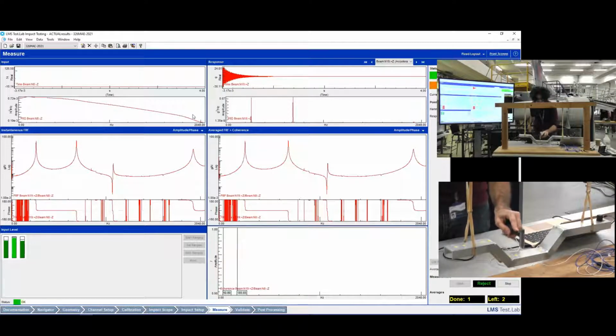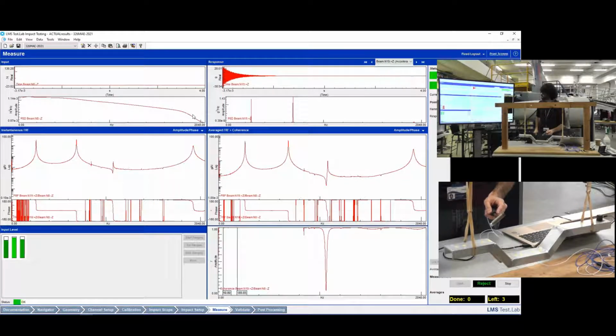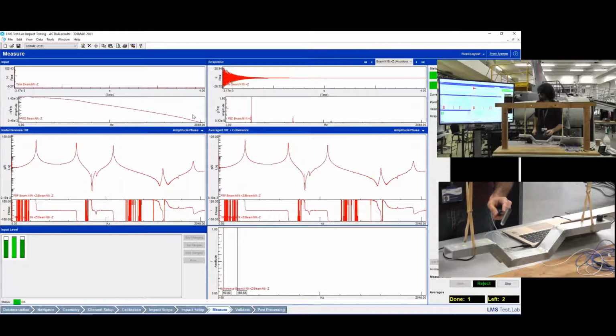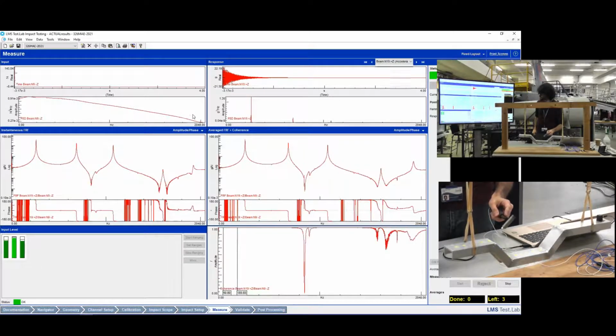So strike 0.8 again. Okay, that's good. 0.9. Point 10.